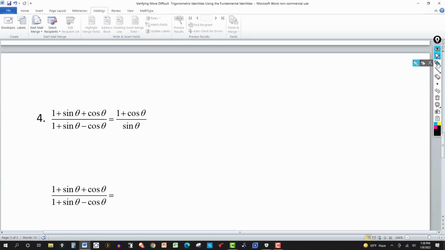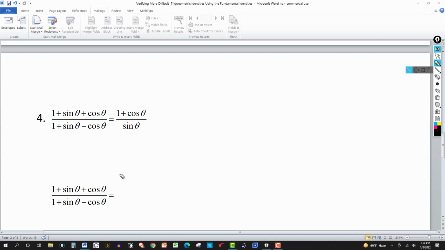So what I did on this one, I started with the left side. As I start this, I copy down the left side over here, and I look at the right side. My objective is I want to come up with a 1 plus cosine theta in the numerator and a sine theta in the denominator.